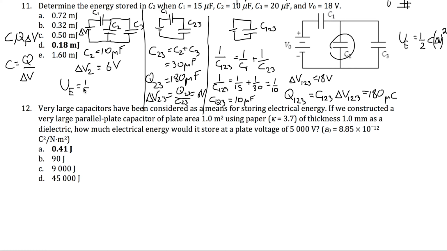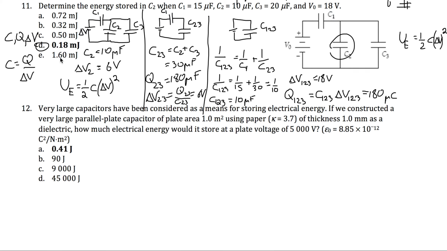You can look at the equation sheet, and there are other equations you can use if you happen to know the charge. I plug these numbers in, and that's how I get 0.18 times 10 to the negative 3, or 0.18 millijoules.